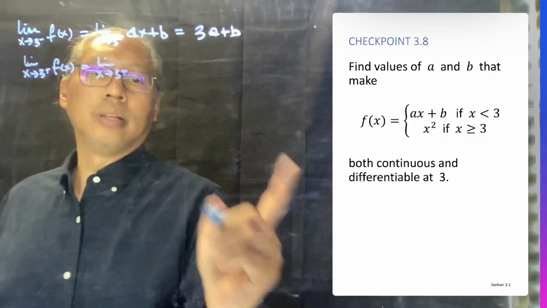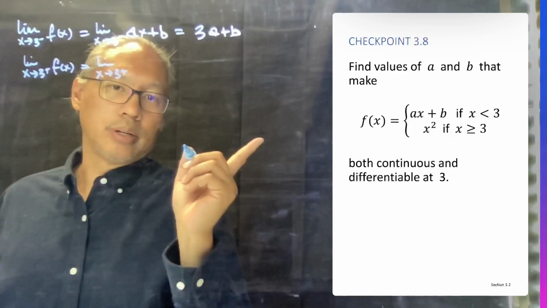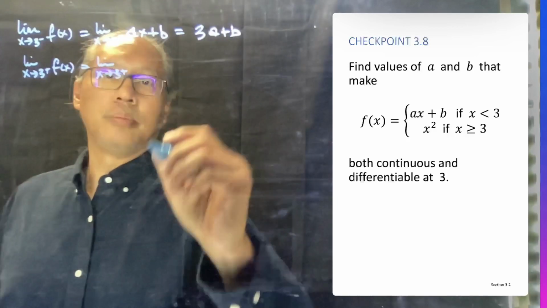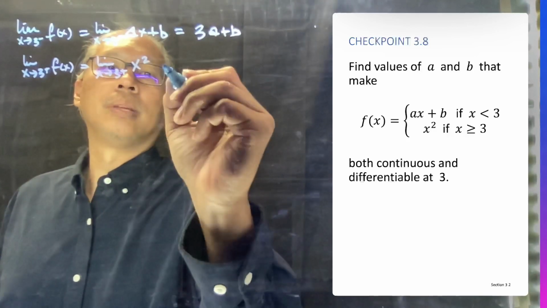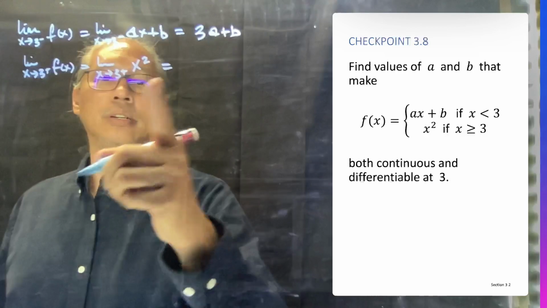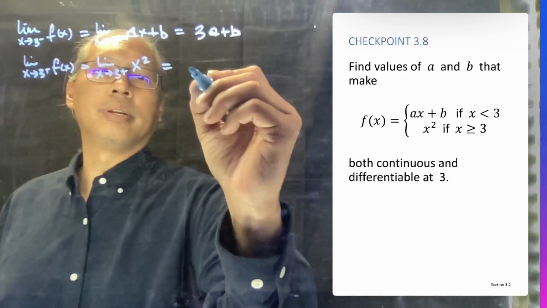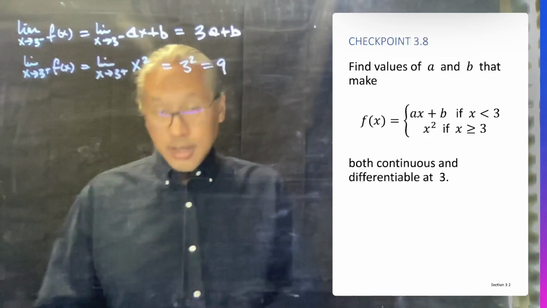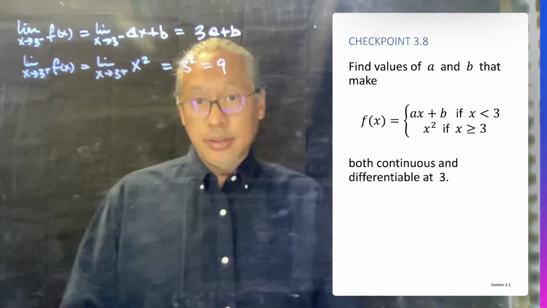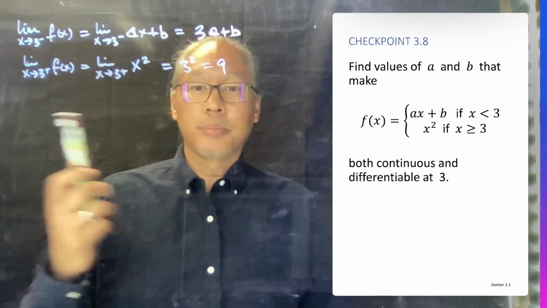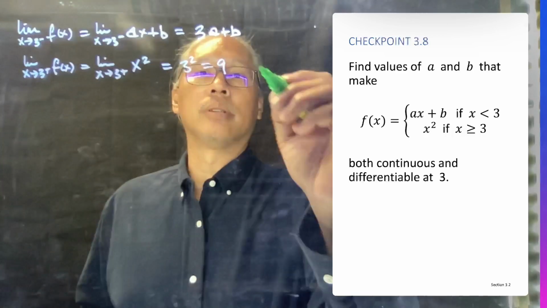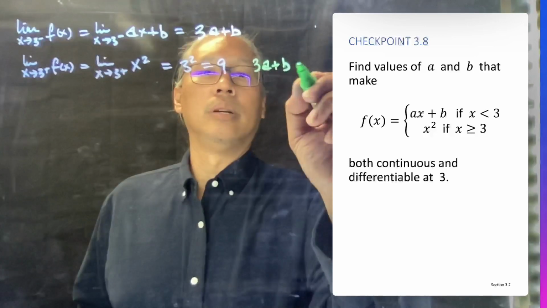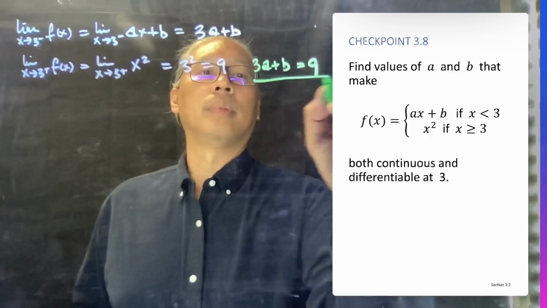We're going to look at the function that takes in values of x that are bigger than 3, and that would be the x squared function. And again, no issues here, no fractions, so we can just put in a 3, get 3 squared or 9. Now that we have these two limits, they're supposed to equal each other for this to be continuous, so we're going to want 3a plus b to equal 9.